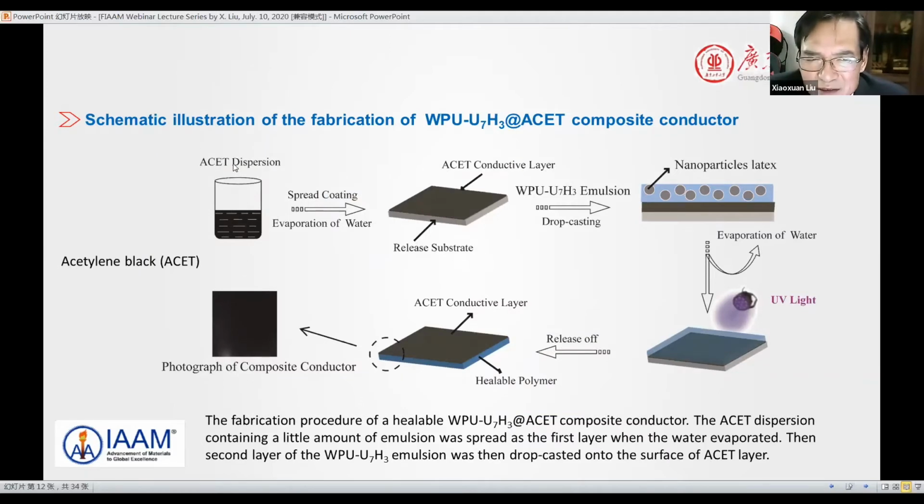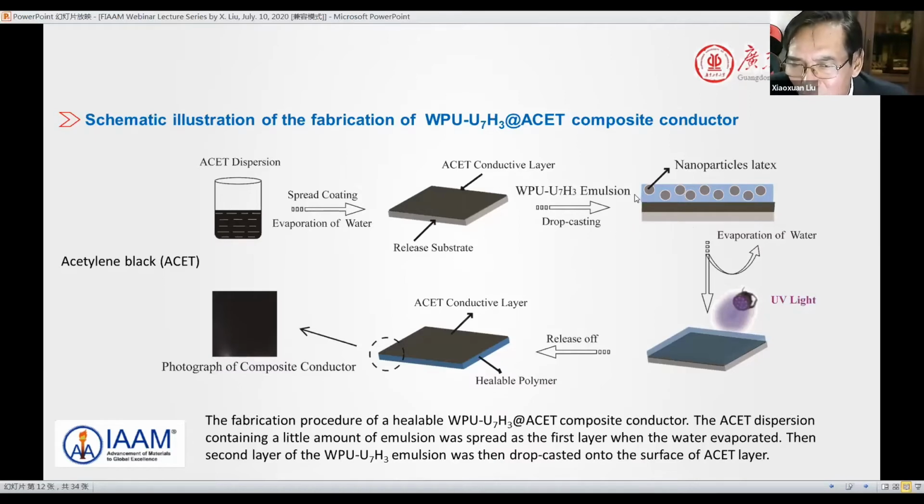So this is the emulsion. Acetylene black dispersion in emulsion was sprayed onto the first conductive coating to form the conductive layer.